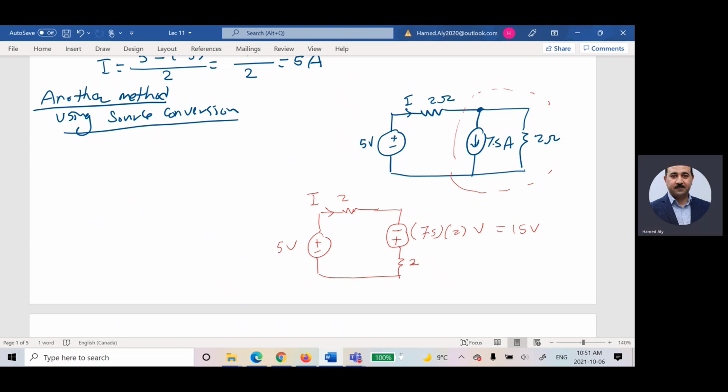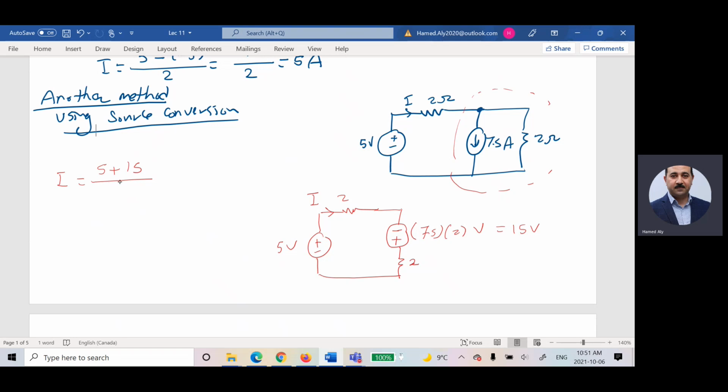Now, what do you want? I would like to calculate I. How many sources do we have? I have 2. Are they in the same direction or different direction? So I will add them or subtract them. I will add them, so I can say I is equal to V total, which is 5 plus 15, divided by the total resistance.